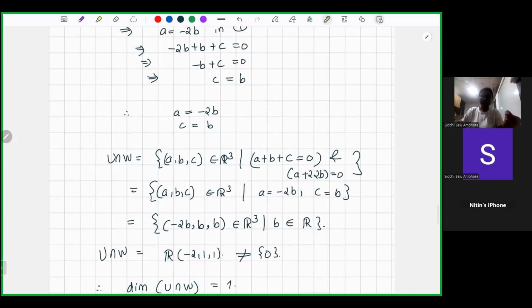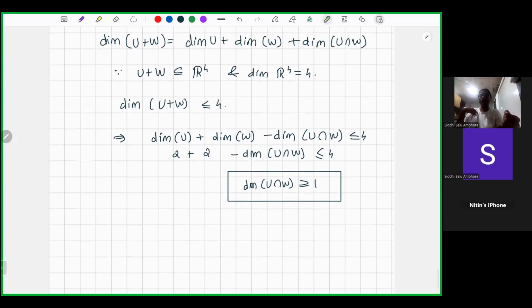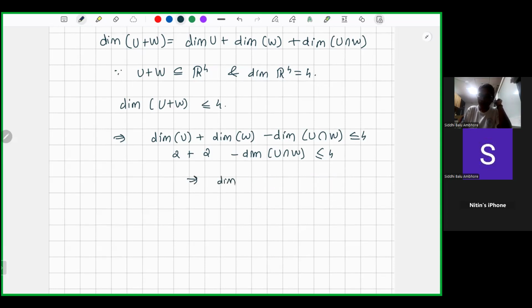But here, when we use this dimension formula to conclude whether U plus W gives me a direct sum of R4 or not, this is not helping, because what this gives me is that the dimension of U intersection W is greater than or equal to 0.